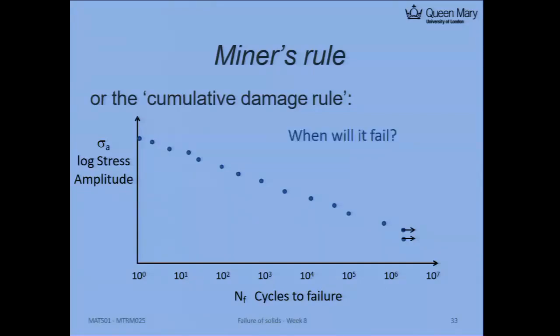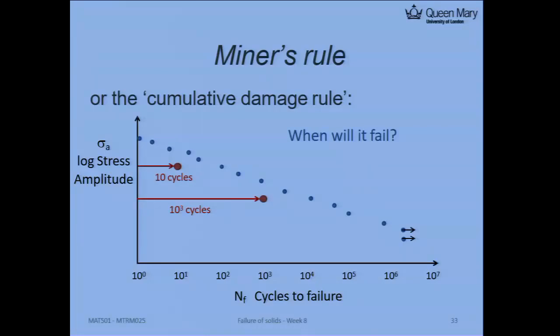How about if I apply stress here for a certain number, but the material hasn't failed because it hasn't reached this line. And I apply another stress, and I just stop here at 10 to 3. Again, the material hasn't failed. But in real life, you need to think about both of them contributing to the final failure. So you need to think about how to predict that.